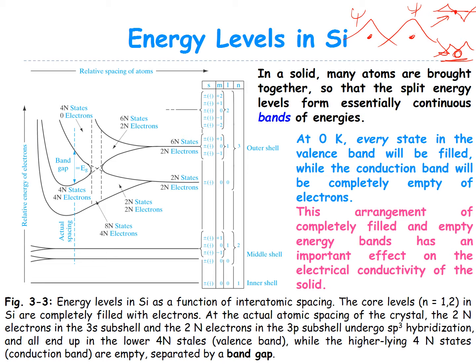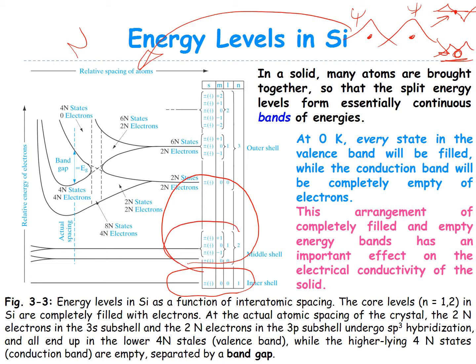Now in this example, we expand our thought experiment to n number of atoms, and the atoms in this case are silicon. You can see here you have your n equals 1 here, and then you have your n equals 2 over there, and your n equals 2 ends here, and then you have your n equals 3 starting from there.